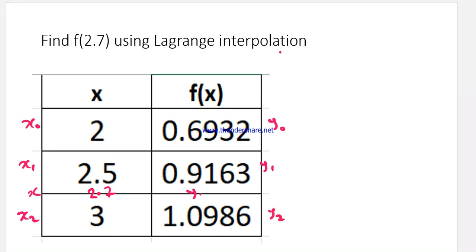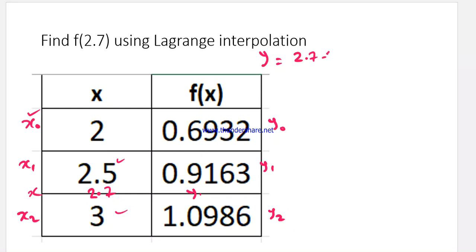So just as I explained, it's going to be y equals to, what is our x now? 2.7. We are taking our reference here now at x naught. So 2.7 minus, that means we subtract this and this from the two of them, x and x naught.